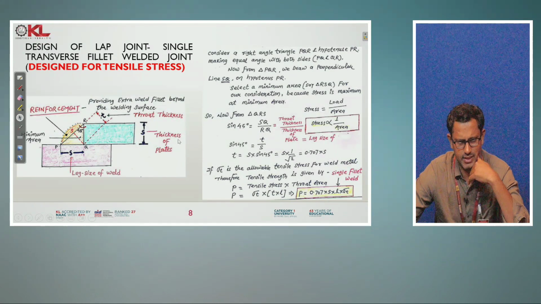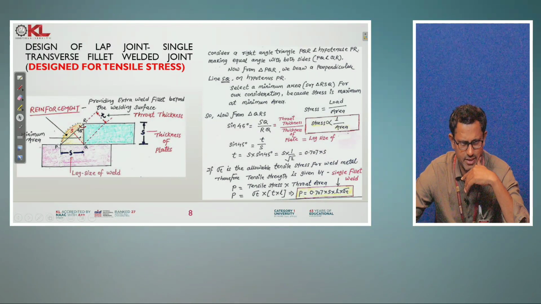Here S is the thickness of the plates, and S is the leg size. From the triangle PQR, the triangle RSQ will give you the minimum triangular area. QS will give you the throat thickness. QS is the throat thickness.